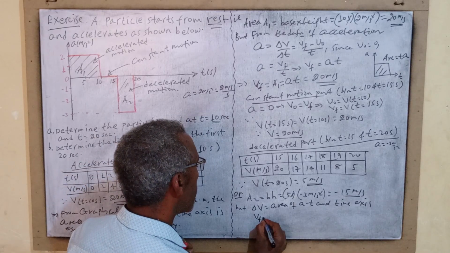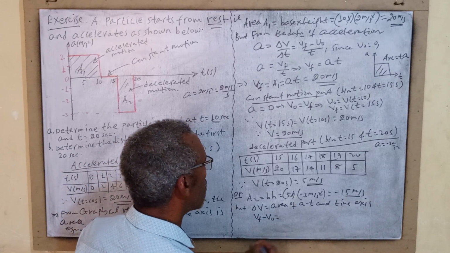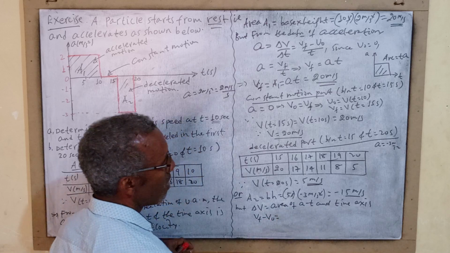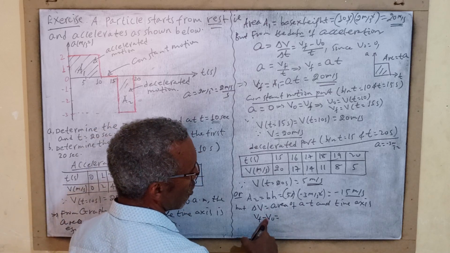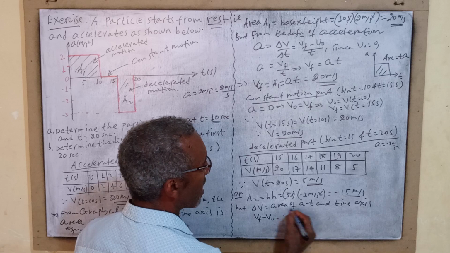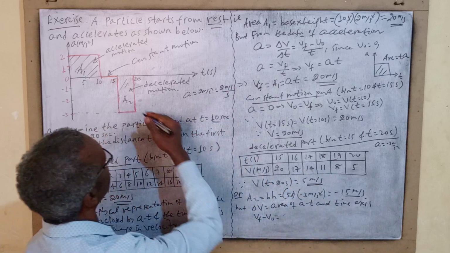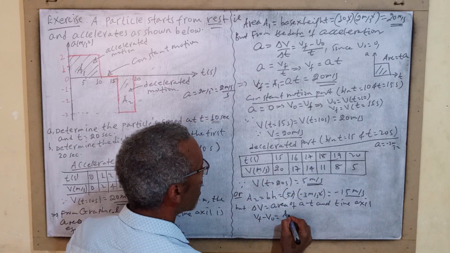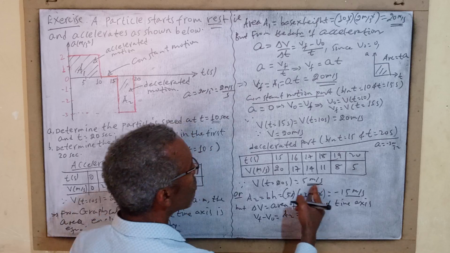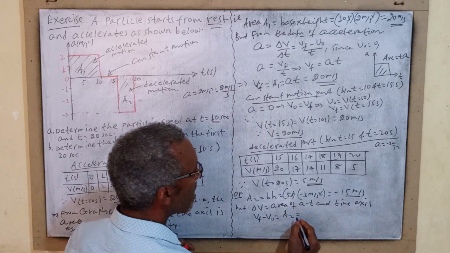That is, V final minus V initial is equal to the change in velocity, which is equal to the area of this acceleration versus time graph curve. This area A2 is minus 15.